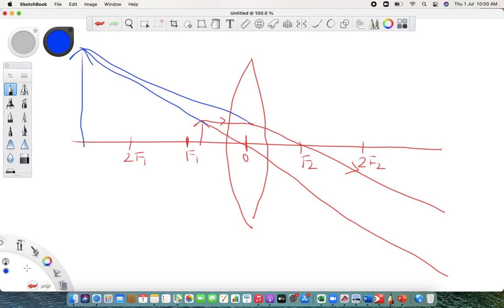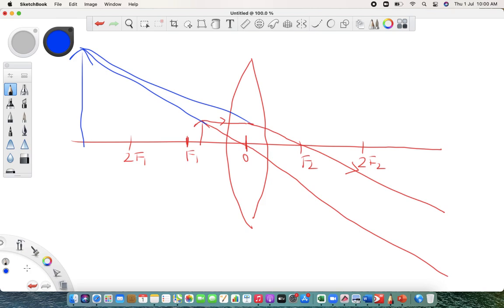But the point is, it always comes on the same side. Please understand this small thing here, that this is a ray diagram which we have not understood.